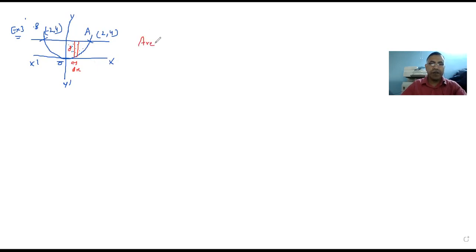So area under the line, which is equal to integral of y dx. थोड़ा सा लंबा पड़ेगा इसमें, because if we will take it parallel to x-axis, then the things will be fine.